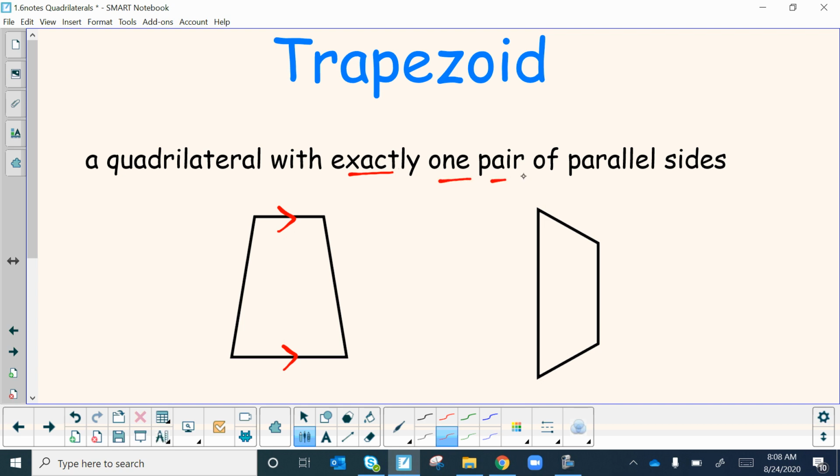Over here, you have this one that has to have the marks in order to be parallel. Okay, so that's a trapezoid. I know you've heard of it before since elementary school, but now we're going to be real discreet with showing that there's a pair of parallel sides.